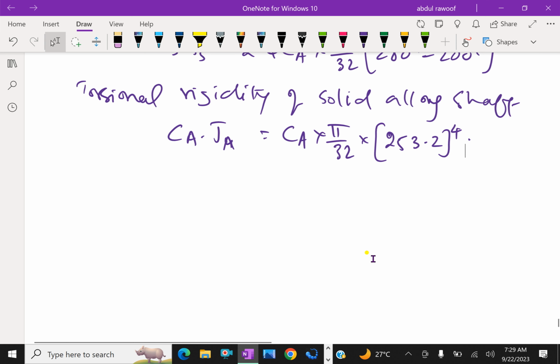Then look here, the CA cancels, equating the ratios.